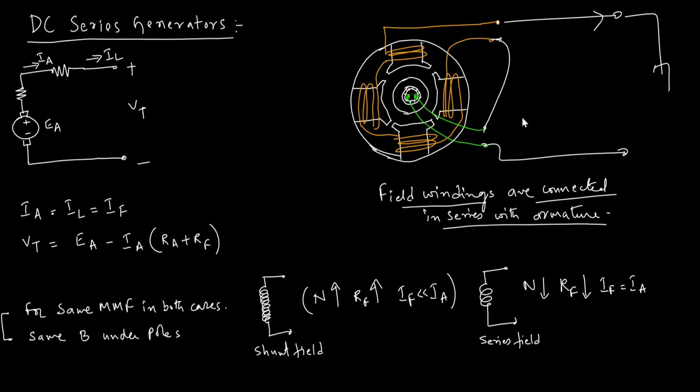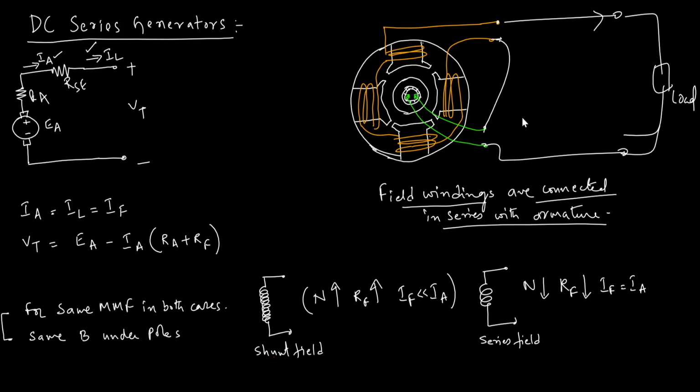This is no load. Here this is RA, the armature resistance, and this is the series field resistance RSE, and IL in this series generator is the same as the armature current.